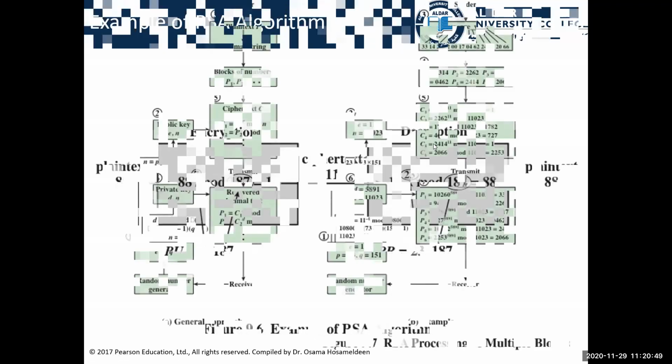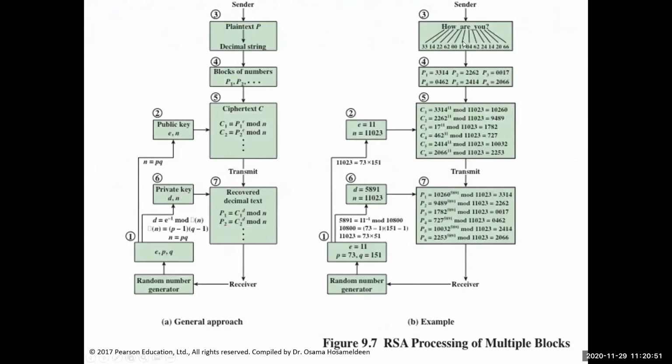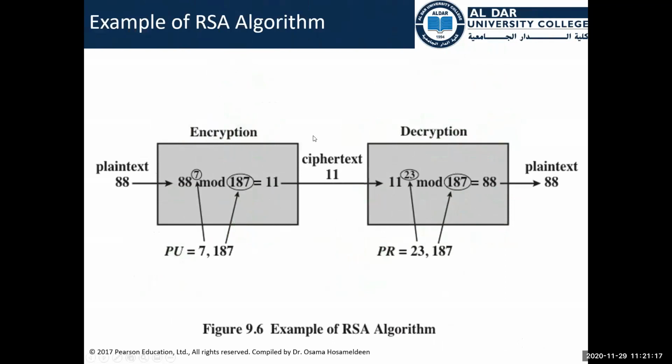Okay, so this is actually a numerical example. If I want to encrypt "how are you", this is a sentence, and to encrypt it, I take the letters H O W, and each two consecutive letters should give a number less than the n, which is here 187.